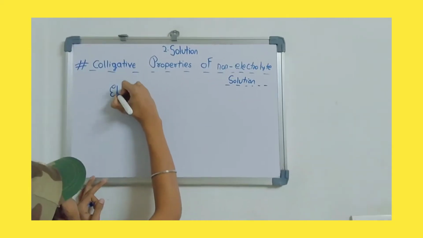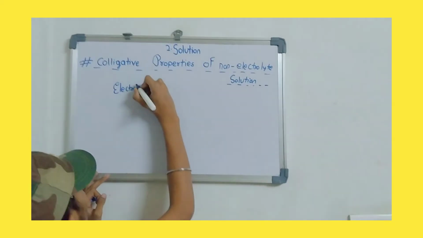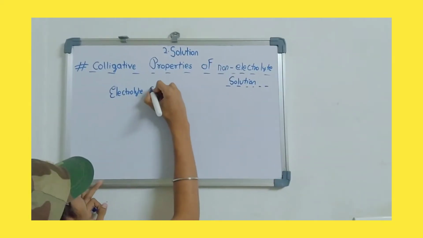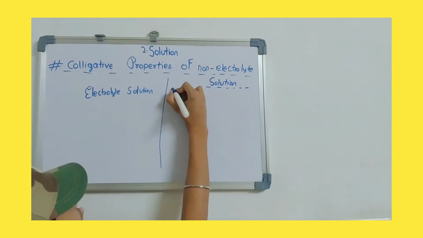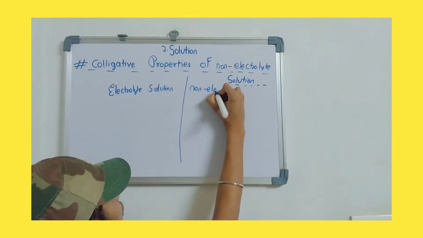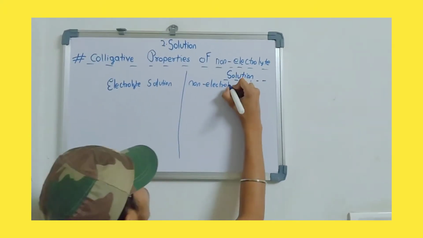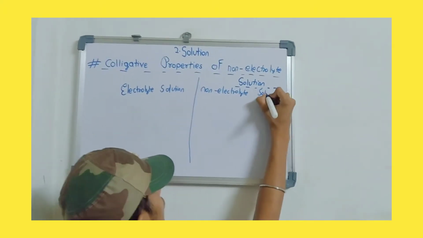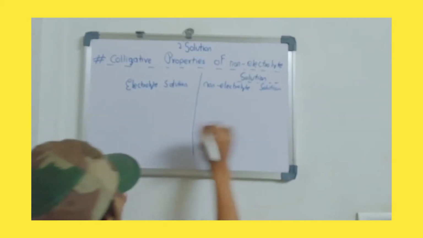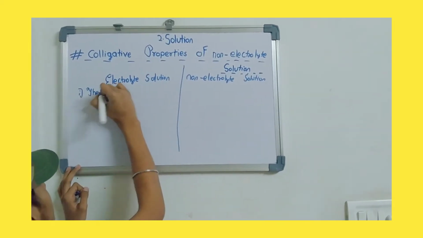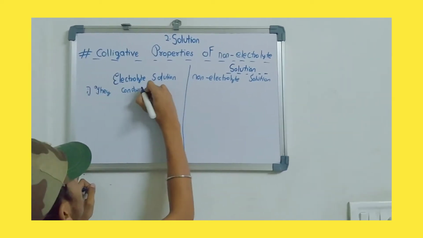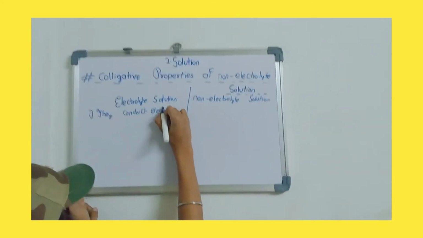So here will be the electrolyte solution, and here will be the non-electrolyte solution. The first point in the electrolyte solution is that they conduct electricity.